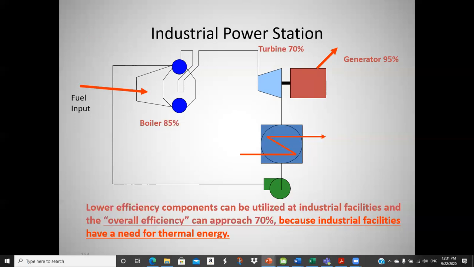Baby food. Oh, it's a Gerber's plant. Isn't that sweet? There's no telling. And so we can use almost all of that 50% that gets thrown away by the utility company. And that's the power of cogeneration.